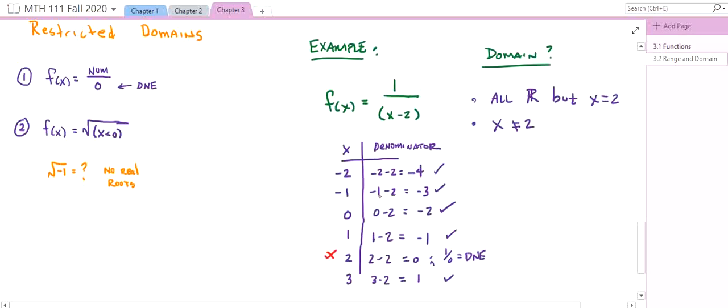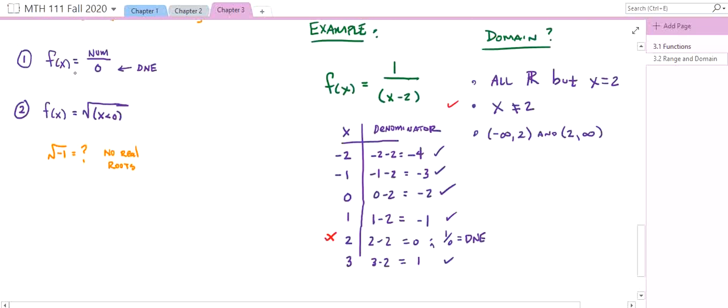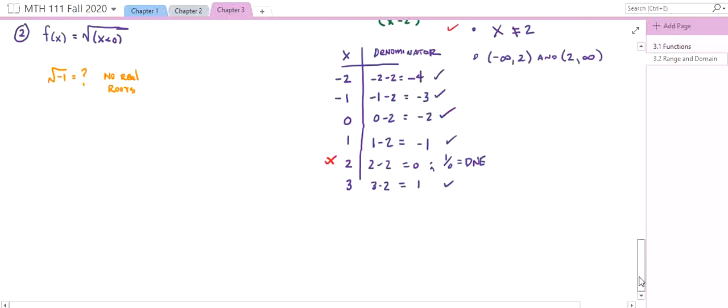Another way to write this is minus infinity to 2 and 2 to infinity. There are probably a couple other ways to write this, but this is probably the easiest way. X is not allowed to be equal to 2. Okay, so that's our case 1 problem when it occurs.